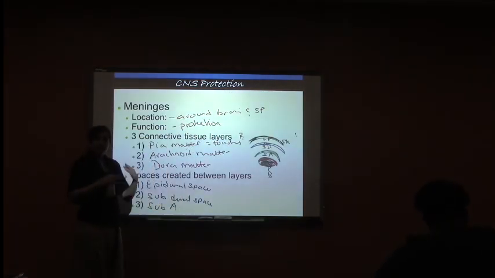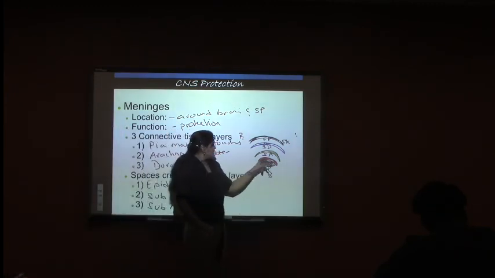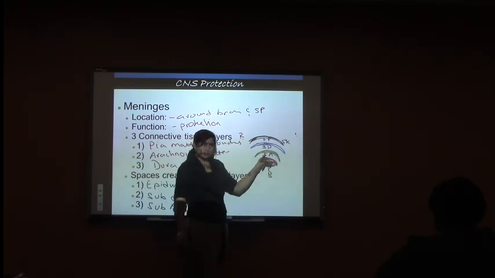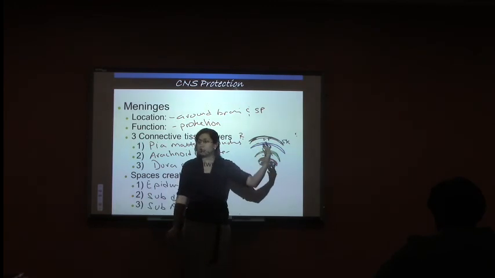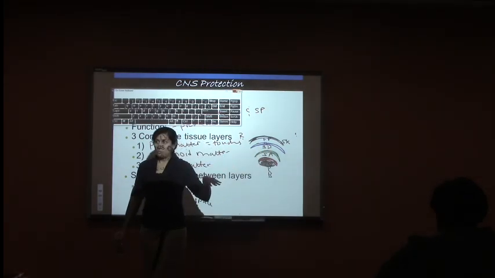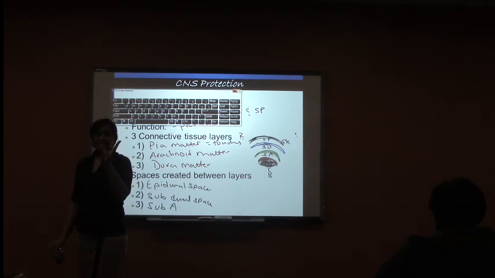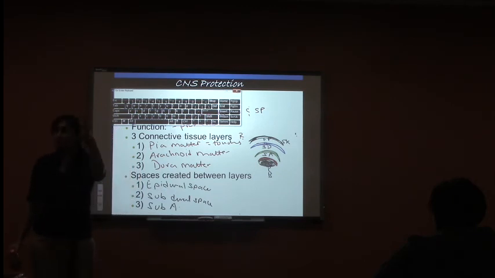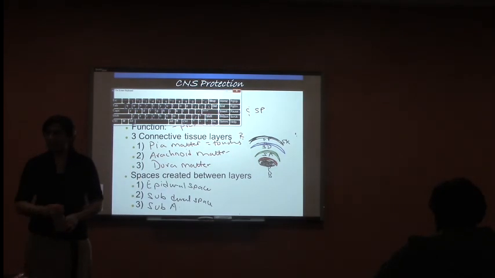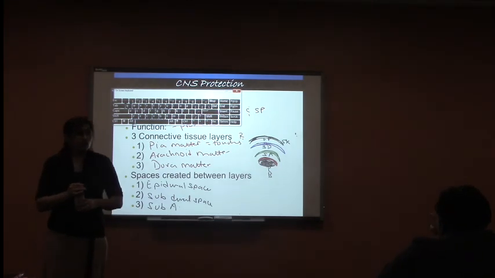So there are three spaces because there's space between the three layers. Subarachnoid space is found below the arachnoid matter. Subdural space is found below the dura matter. Epidural space is found above the dura. Epi means above, sub means below, and the ending tells you which layer. Does that make sense?